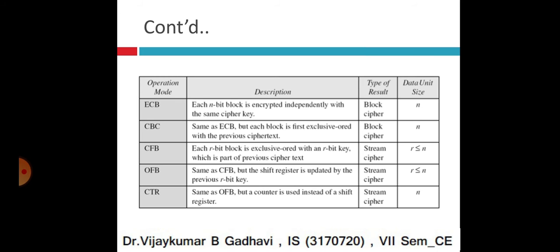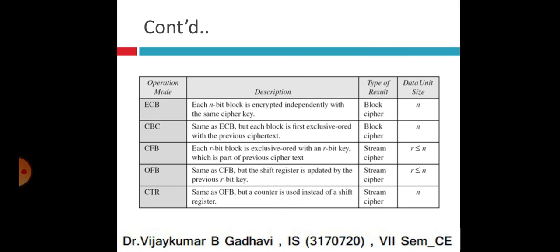Result is a block cipher, data unit size is N. Then CBC is same as ECB, but each block is first exclusive-ORed with the previous ciphertext. Here the result is again a block cipher and data size N.